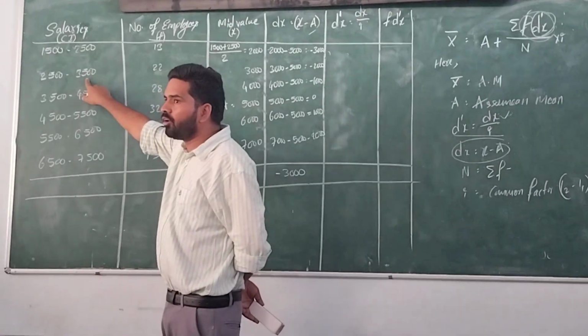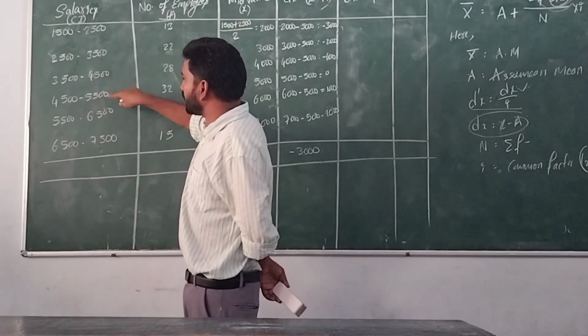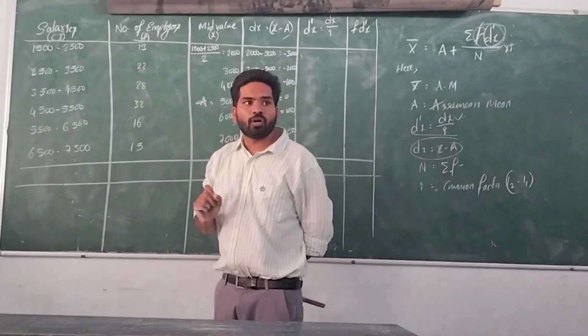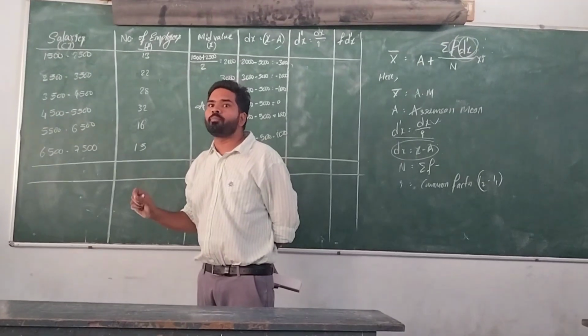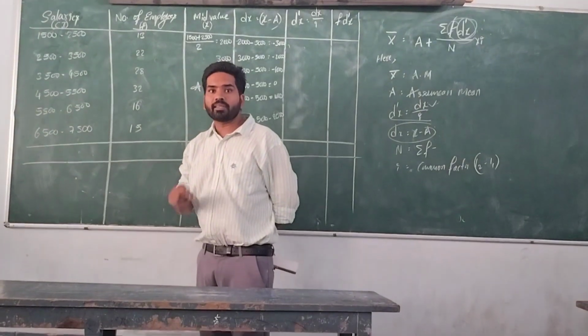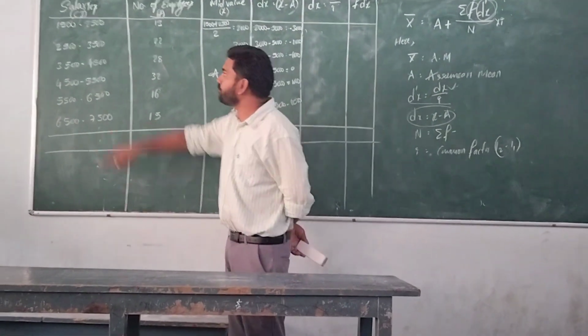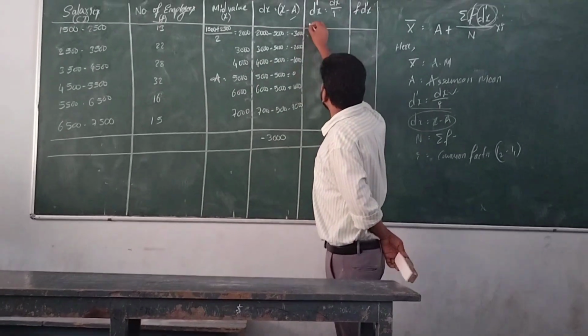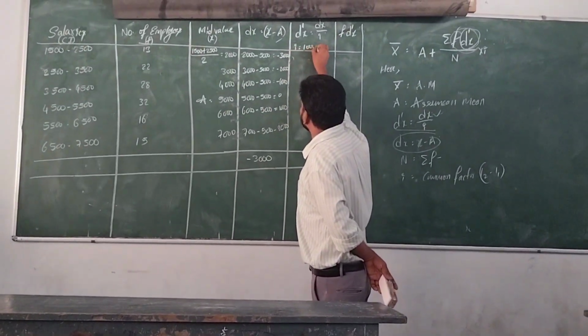Second class interval, 1000. Third, fourth, fifth, sixth class intervals, the difference is 1000. So we call it a common factor. 1000 is the common factor for every class interval. So here i equals 1000.